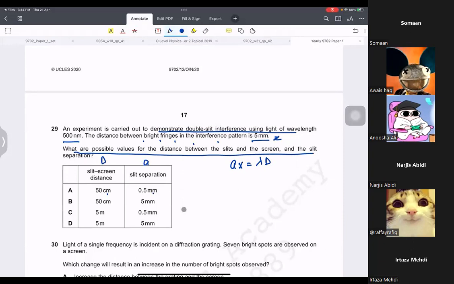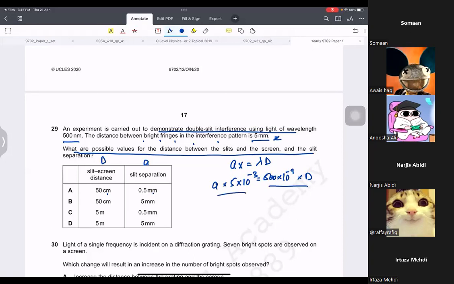So 5 into 10 raised to power minus 3, 510 raised to power minus 9, and D. Now, the thing is, you can just pick up your calculator and keep putting in the values so that this and this are the same on both sides, right?